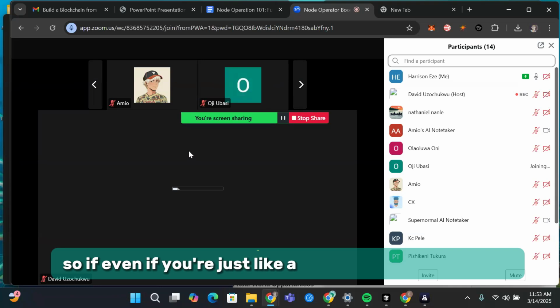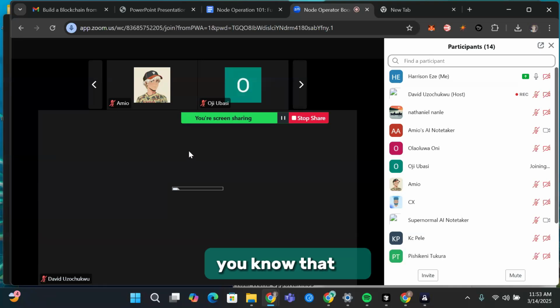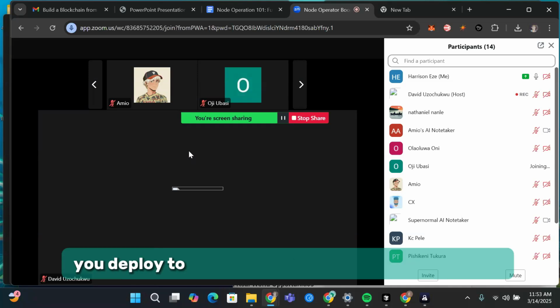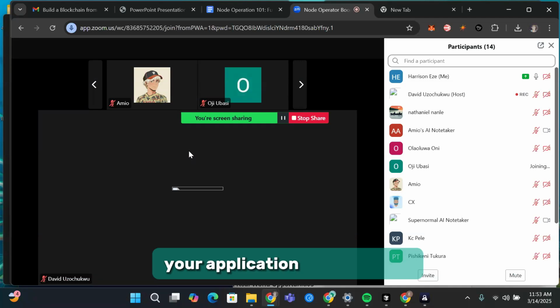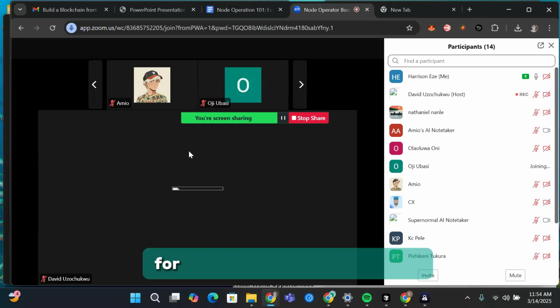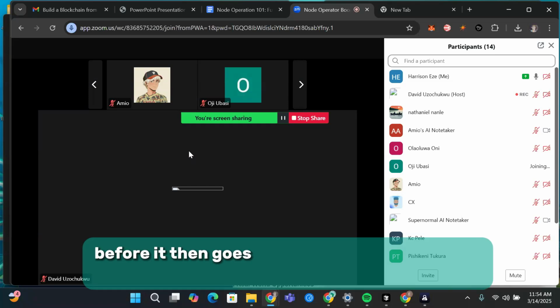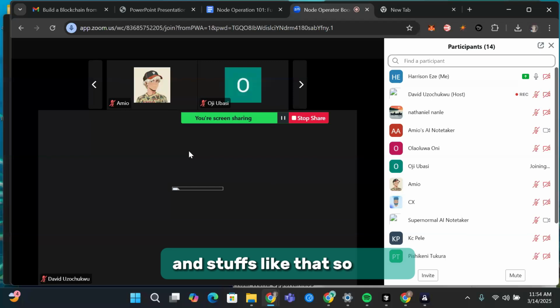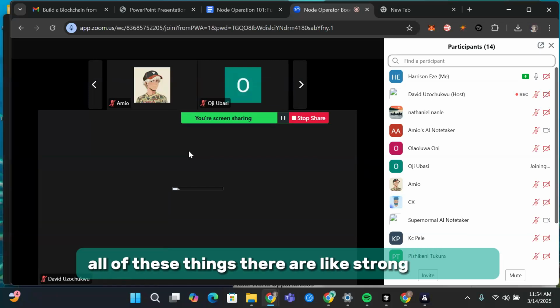Even if you're just a smart contract developer, you know that when you build your application, you compile and you deploy to the network, and then maybe your application requires that for you to approve a transaction, you need to open MetaMask and sign the transaction first before it then goes through to the network for validation and stuff like that. So all of these things have strong whys to them.